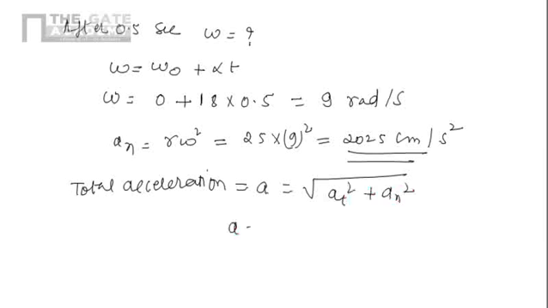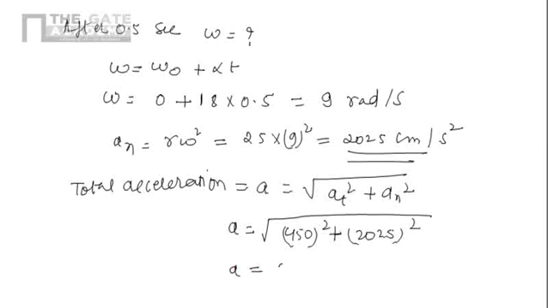So 450 square plus 2025 square. And if we solve this, we will get the value of a as 2074.14 centimeter per square second. This is the desired acceleration of a point on the rim of the pulley 0.5 seconds after it starts at rest.